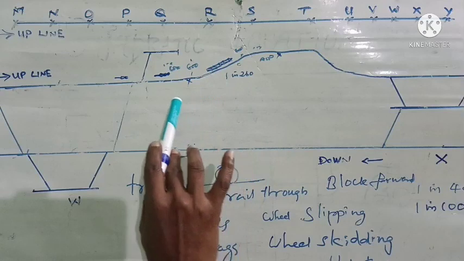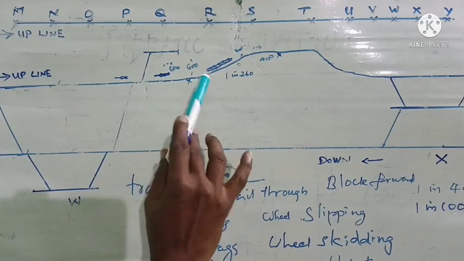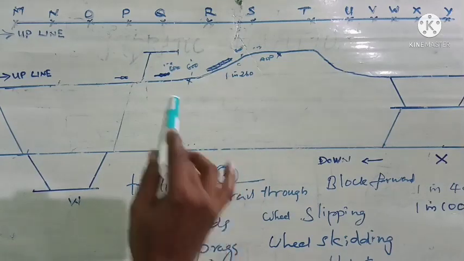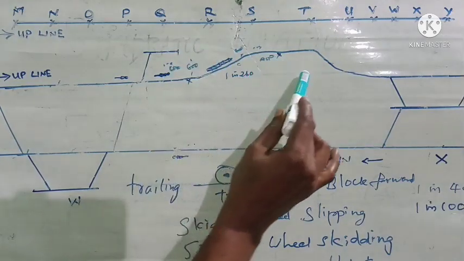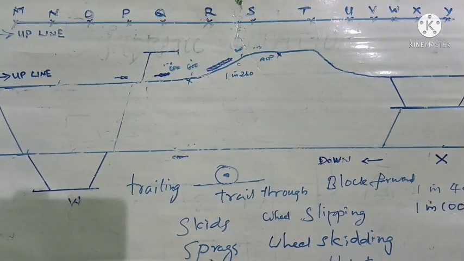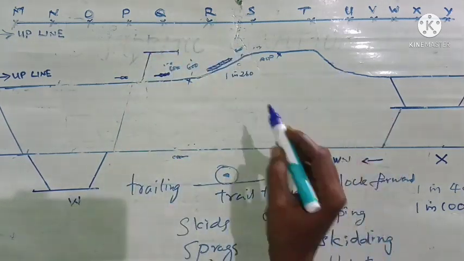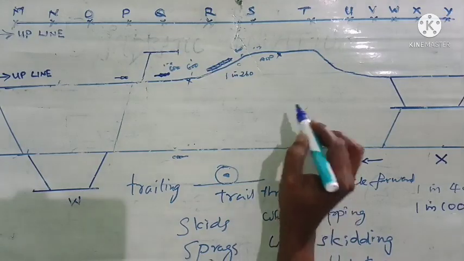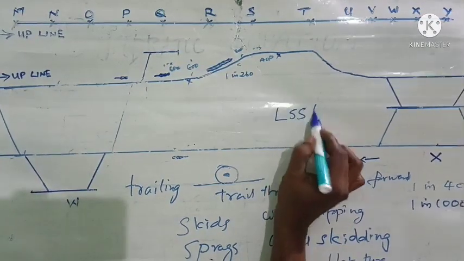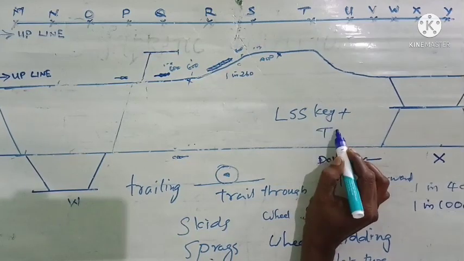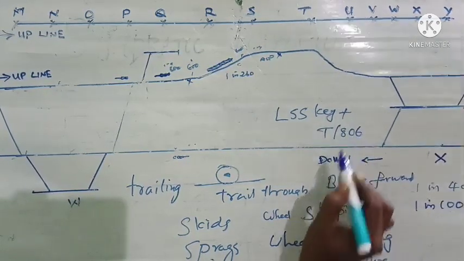Since that be the case, interlocking should have been there between the LSS key and the block instrument. Because for the block forward movement, the normal authority given to the shunter is LSS key plus one memo called T bar 806.